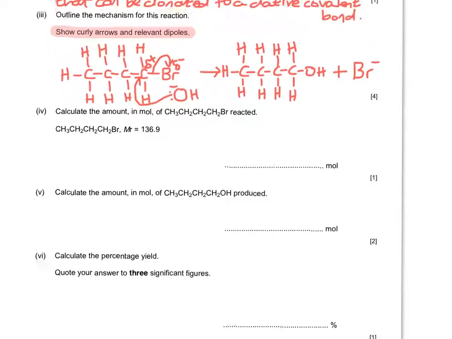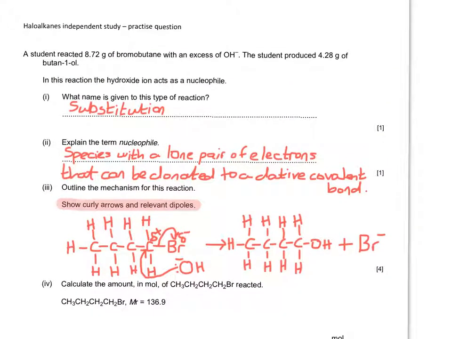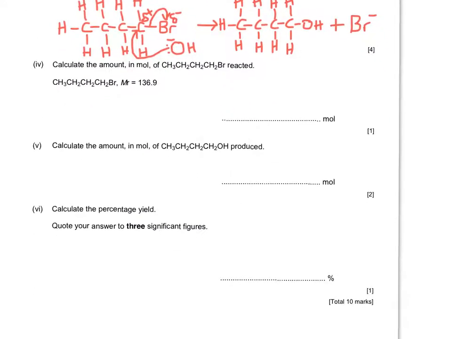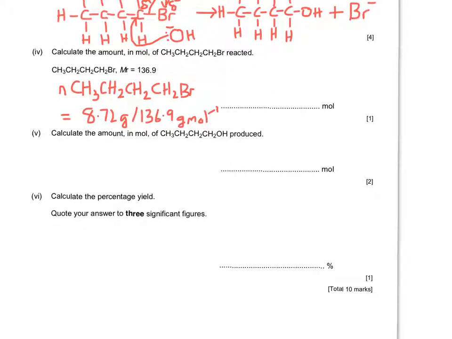So whipping the page down very briefly, you can see you've got 8.72 grams. So by signposting my calculation by saying the number of moles of bromobutane is 8.72 grams over 136.9 grams per mole, I'm basically doing moles equals mass over molar mass, that gives me 0.064.